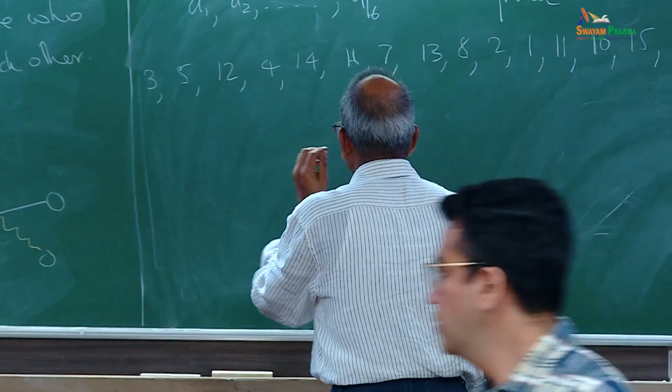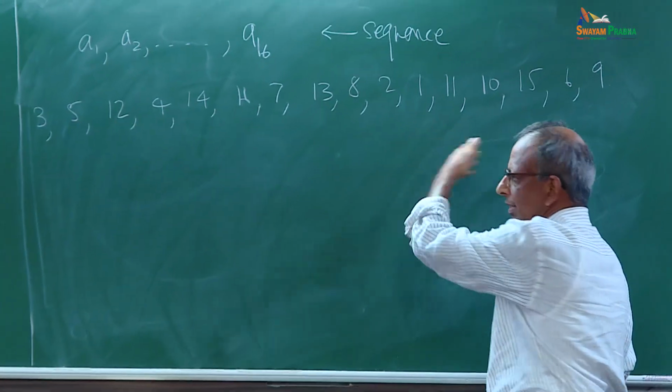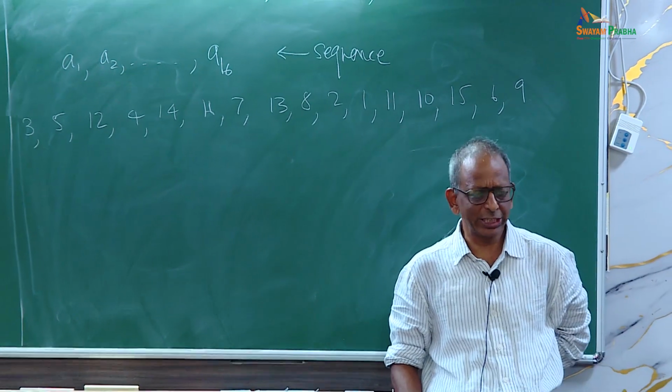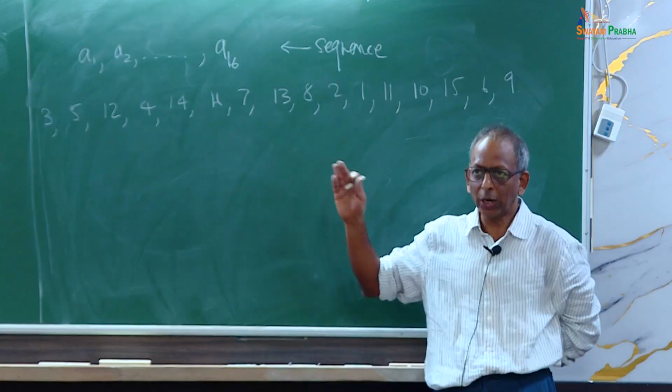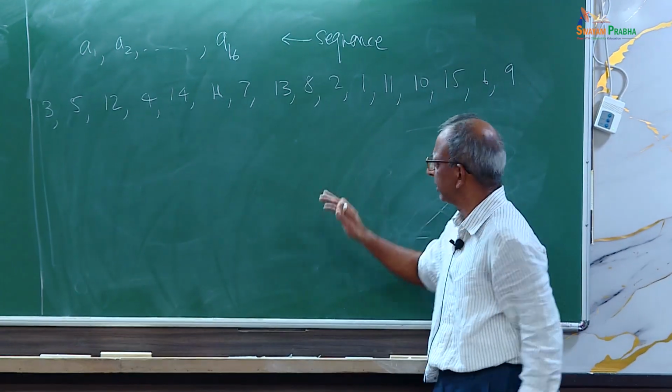Okay, so this is a permutation of the numbers 1 to 16. And this is a sequence.